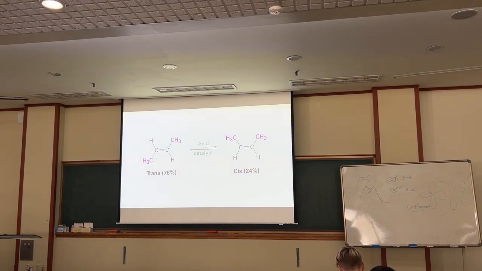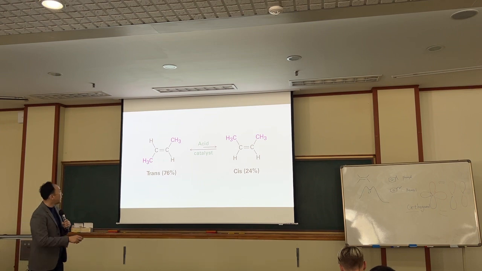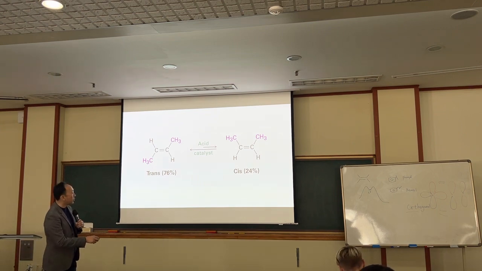By looking at that value, which one is more stable? So this is more stable. Maybe in this case there is some steric hindrance between the two groups, pushing each other, making it a little unstable. Maybe trans is the more stabilized form, we can think.